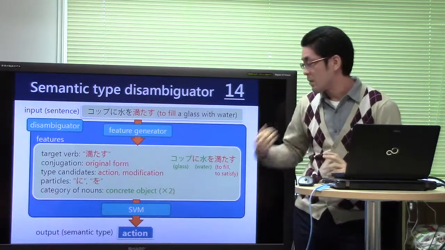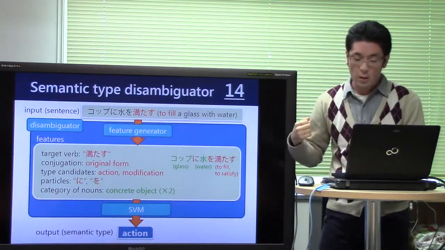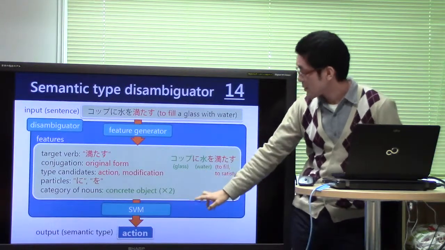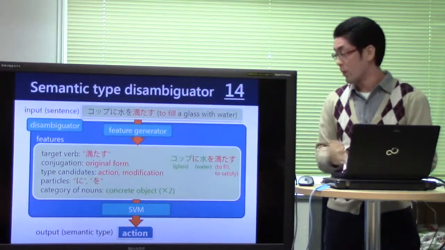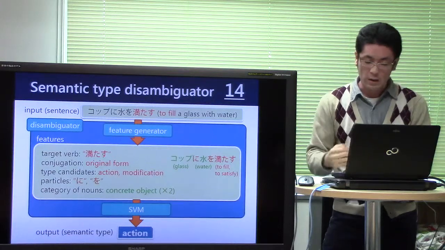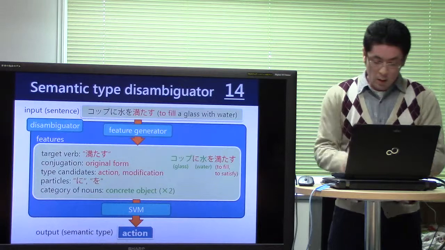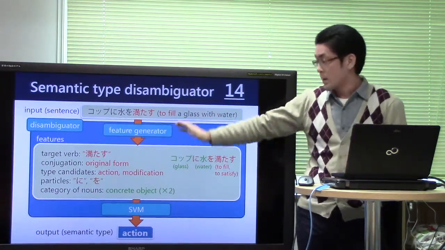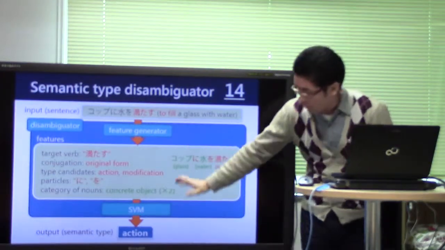To determine categories, we use a Japanese thesaurus for nouns and proper nouns. The example sentence includes two nouns, glass and water, and both of them have the semantic category concrete object. Then the frequency of the category concrete object is 2 in the sentence. The disambiguator determines one type for the target verb with SVM. In this case, the type action is determined.